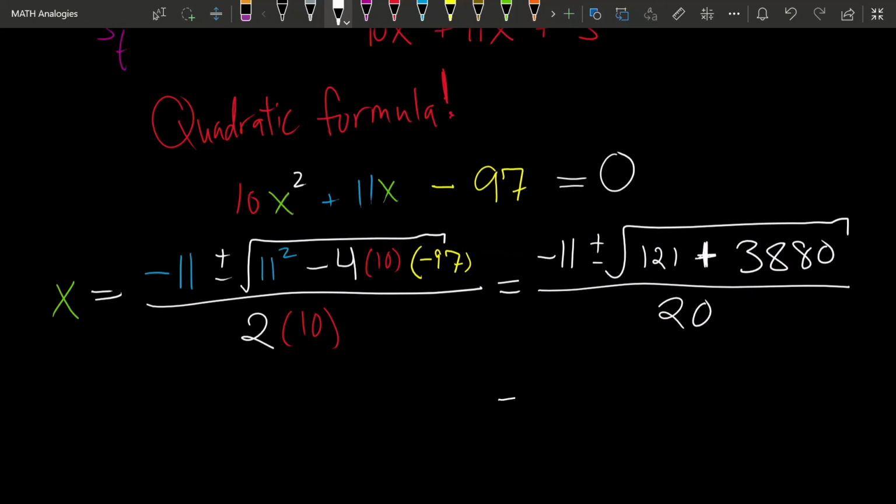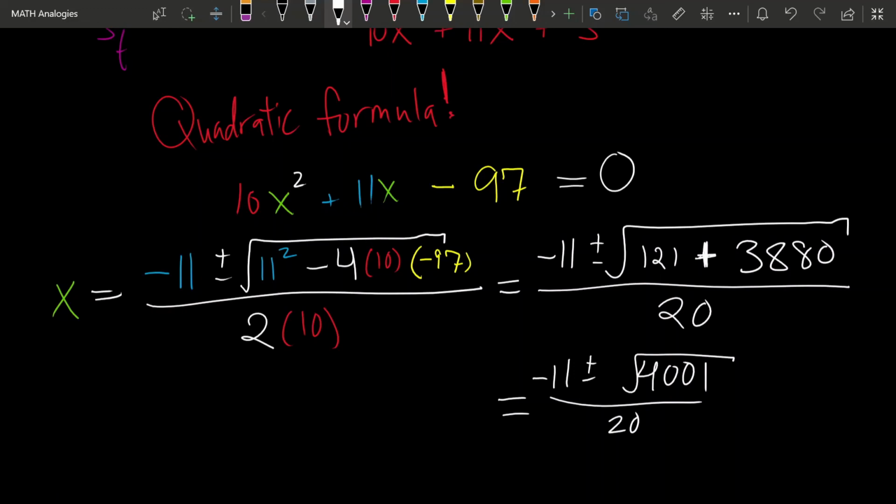Alright, so we can simplify again. We have minus 11 plus or minus the square root of all that stuff. So in our calculator, we can type 121 plus 3880, and that gives us 4,001. And does 4,001 get square rooted in a simple way?